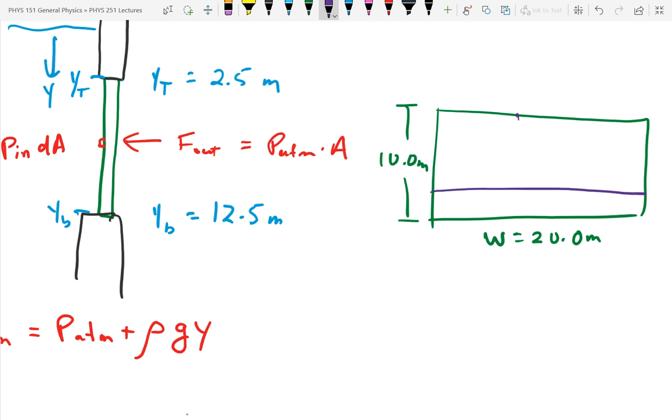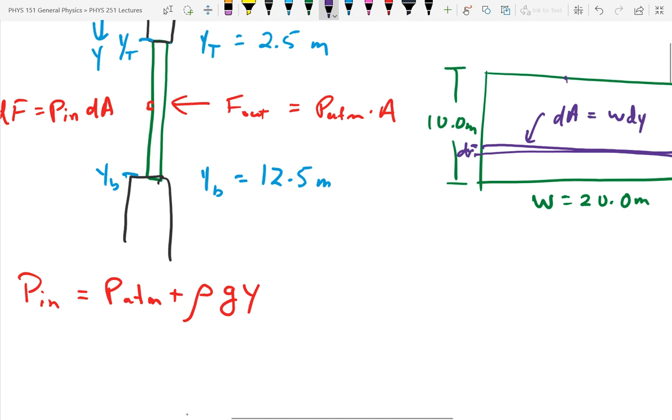Here's my little piece dA. dA is equal to the width multiplied by the height of that little slit, dy. Why did I do that? Because then it makes it a one-dimensional integral. Just a single integral, the kind of integral that all of you are comfortable with. I mean, I could have done a double integral. It would have been very simple, but I went with the simplest option of doing the single integral.